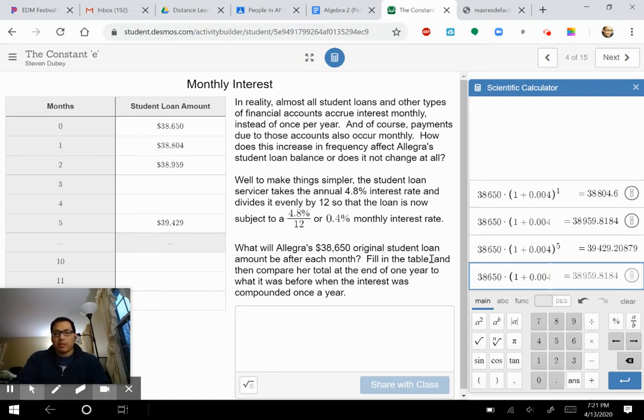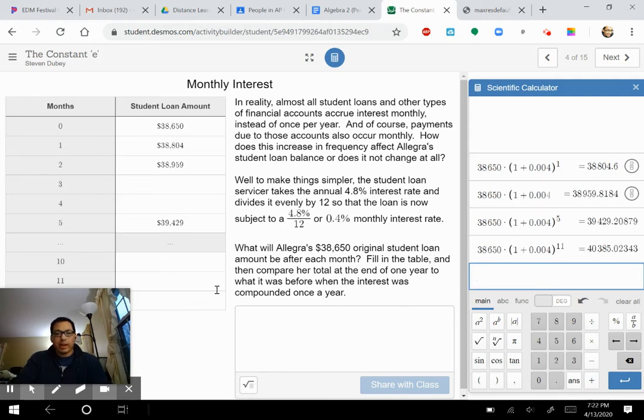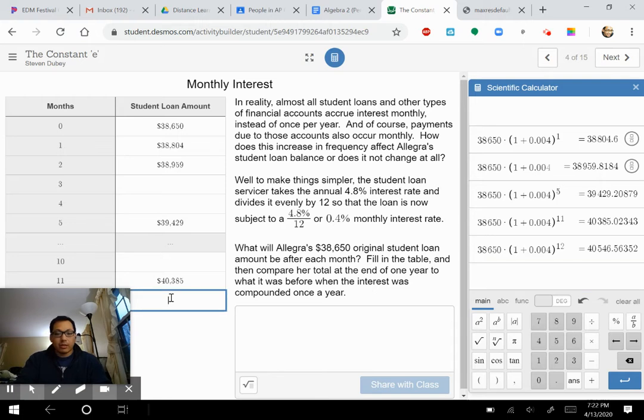What if we skip down to like 11 months? Now she owes $40,385. And after 12 months, finally, at the end of the year, she owes $40,546.